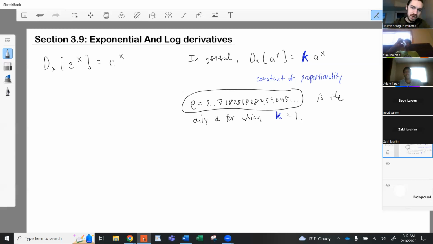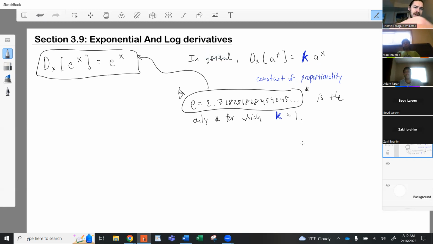It's the special shiny magic number that makes that work. And that is the story behind this fact right here, that e to the x is the function whose derivative is just straight up equal to itself.